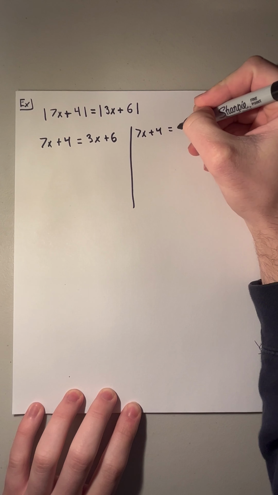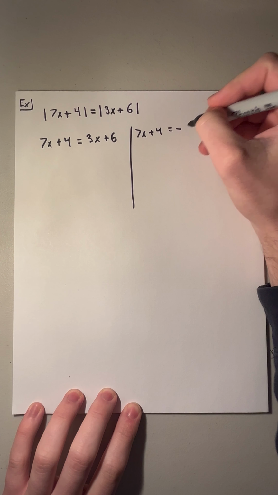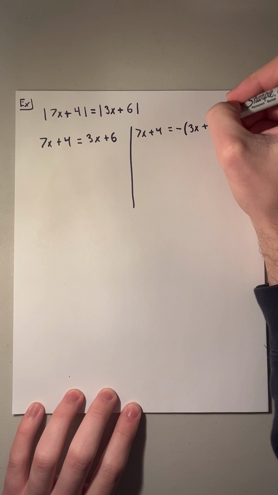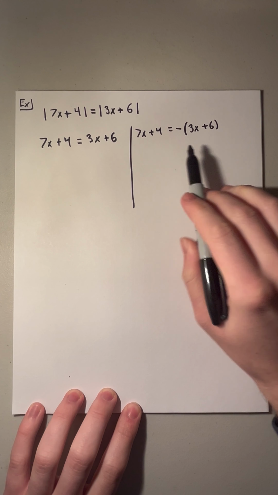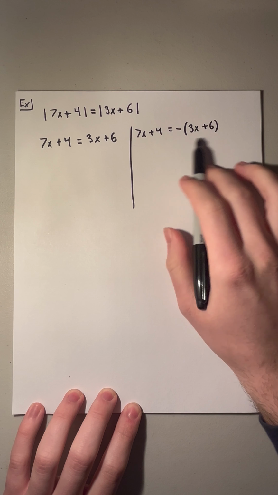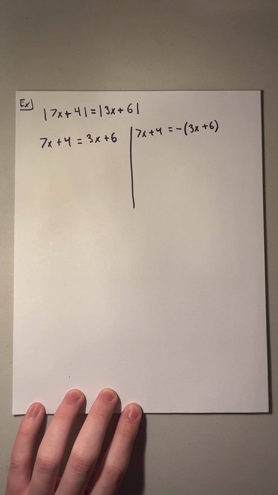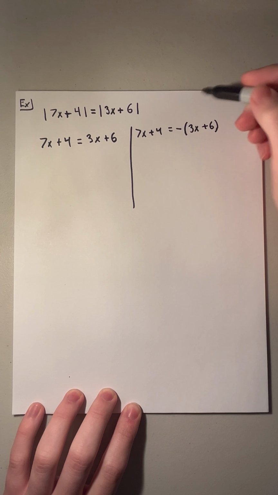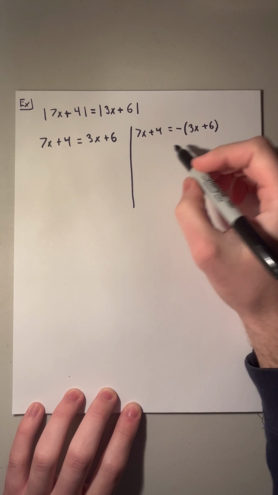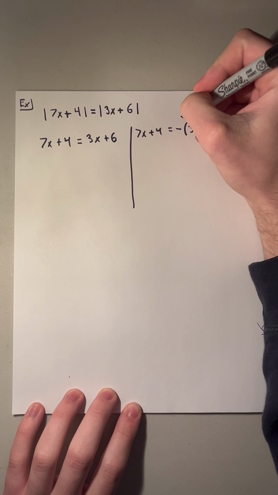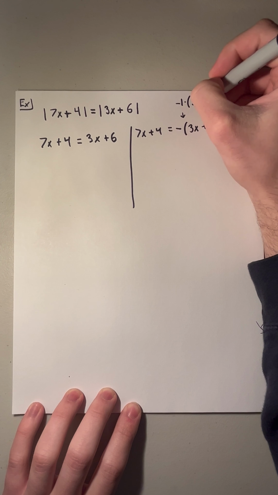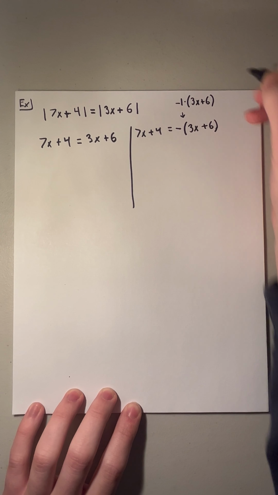Now you're going to make a negative, and then you're going to group the entire right-hand side of the equation in a set of parentheses. That way you know you're making everything here negative. And so if you're familiar with arithmetic, with how you distribute something through to a set of parentheses, this is technically like saying -1 times the quantity 3x plus 6.